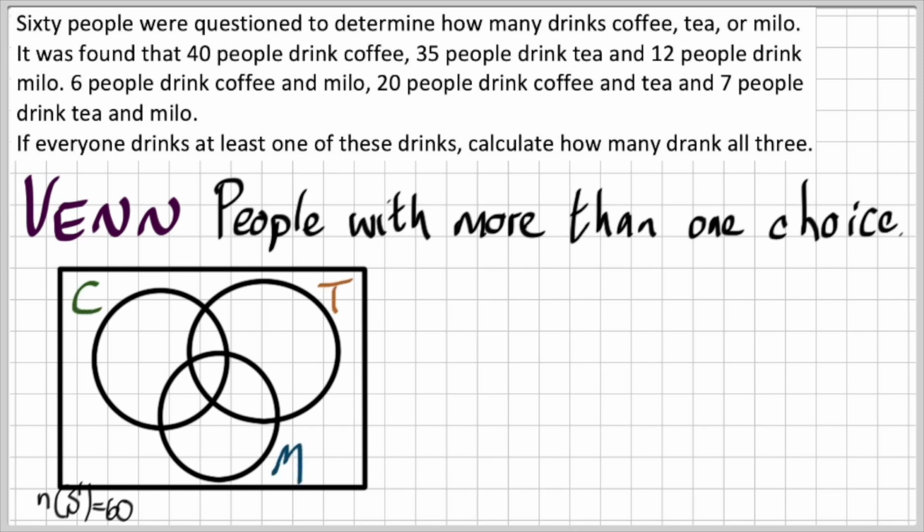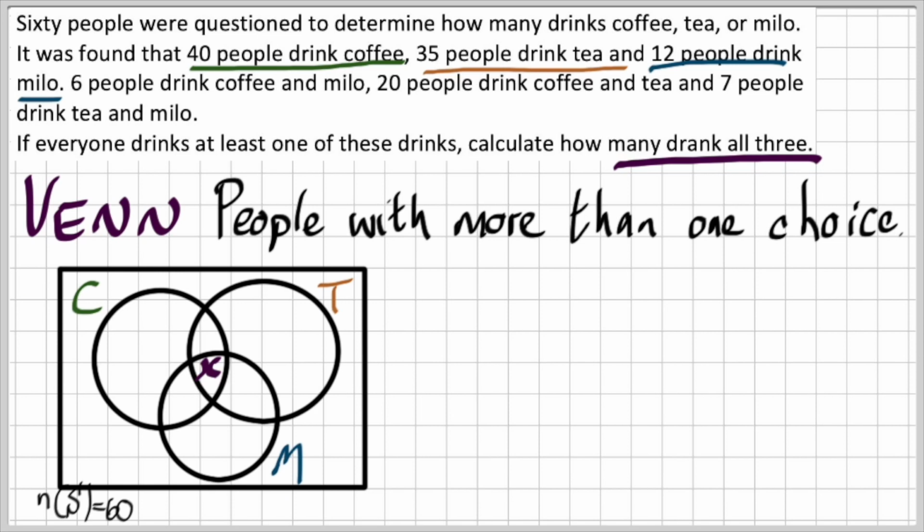First of all, I've got coffee, tea, and Milo. I've got 40 people drinking coffee, 35 drinking tea, 12 people drinking Milo. I'm not going to touch that at the beginning. Where I am going to start, kind of jumping to the end, is I'm going to look for that middle where all three of them overlap.